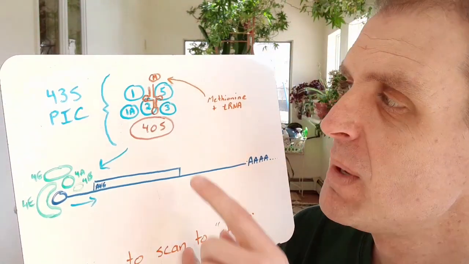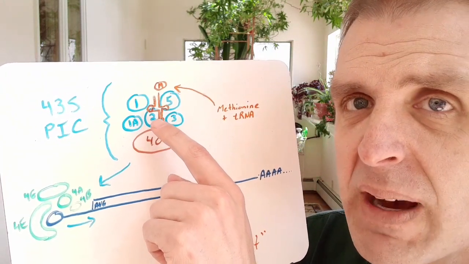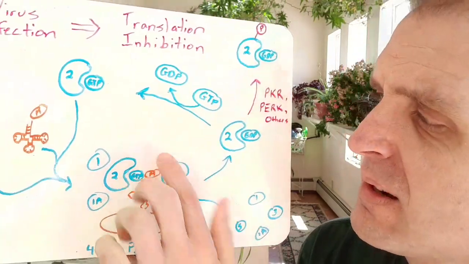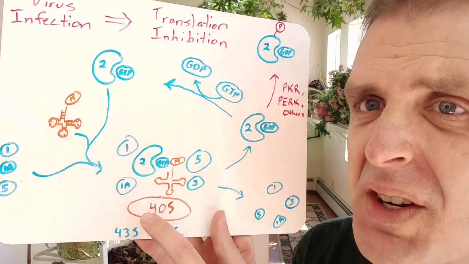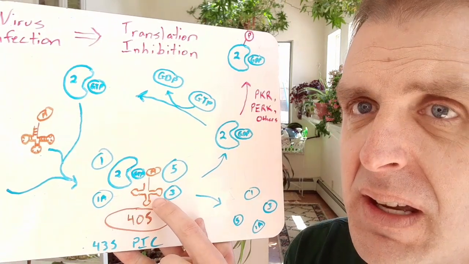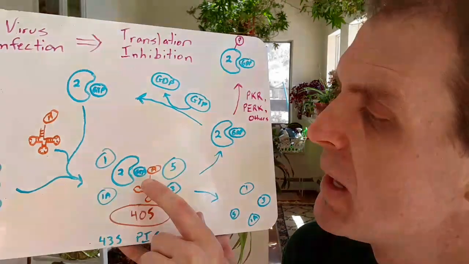In the previous slide, I made a big deal of talking about eIF2 being phosphorylated by those kinases PKR and PERK. So let's take a closer look at that. Down at the bottom here, I've got the pre-initiation complex, and I've given it a little more space so that you can see the methionine-charged tRNA.